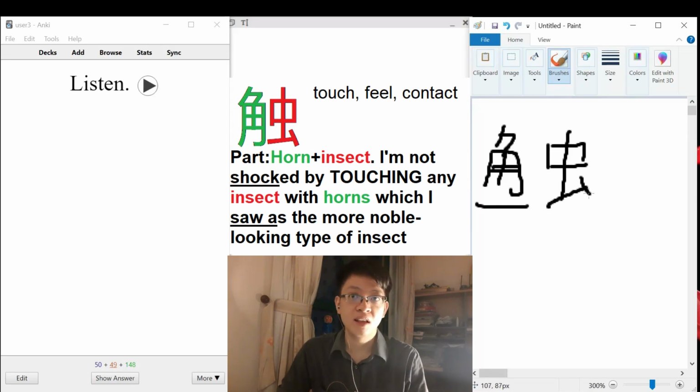And I think the insect with a horn or antenna is usually the more majestic or noble looking type of insect. So for those, it's okay for me to touch such an insect, right? If it's wiggling like a worm, then it feels kind of gross to touch it. Yeah.